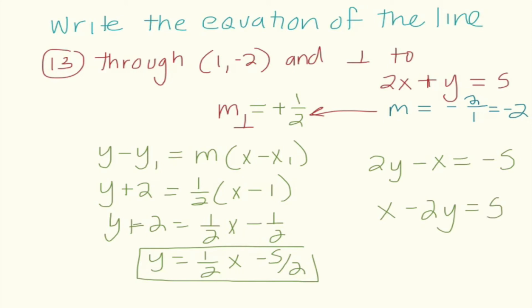Okay, and we probably would switch the order of these two, but I would accept that. Now, I definitely think it's the easiest to just leave it like this. Big thing here: perpendicular, opposite reciprocal. If it's parallel, it means the same.